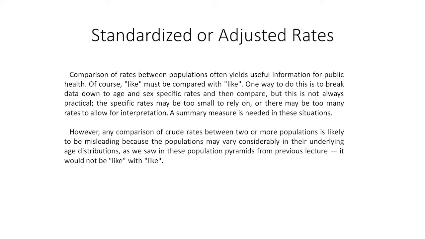One way to do this is to break data down to age and sex-specific rates and then compare. But this is not always practical. The specific rates may be too small to rely on, or there may be too many rates to allow for interpretation. A summary measure is needed in these situations.